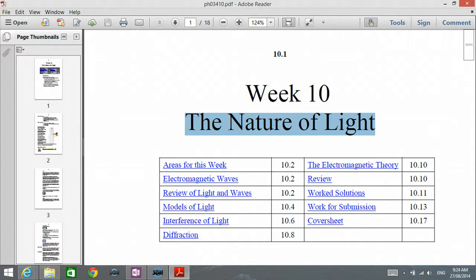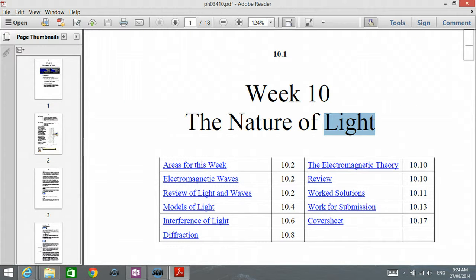To give you a basic insight of the topic, I can tell you that at the moment, scientists discovered that light sometimes behaves like waves and sometimes behaves like particles.